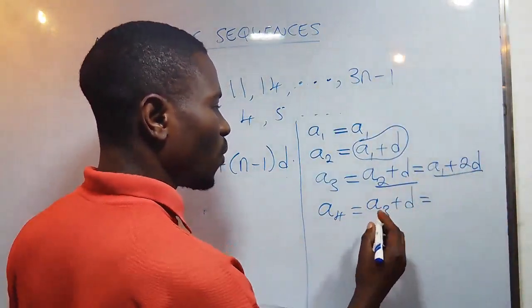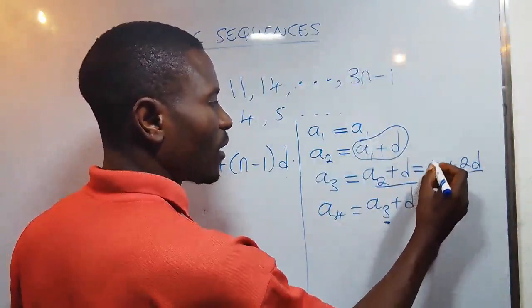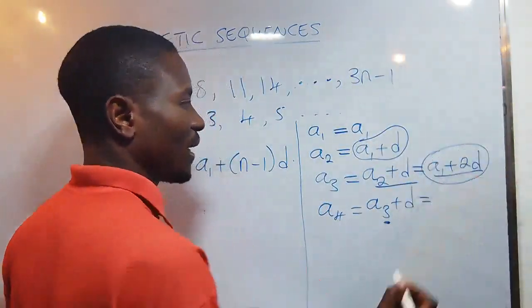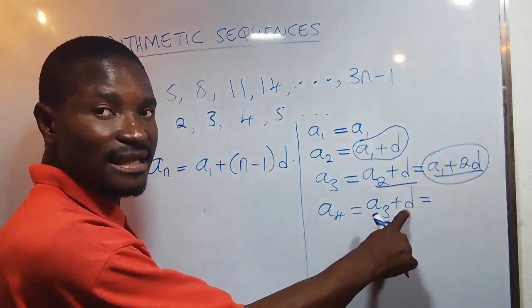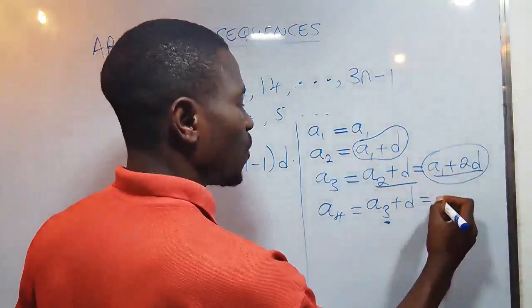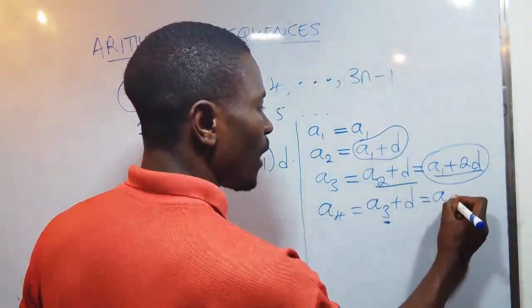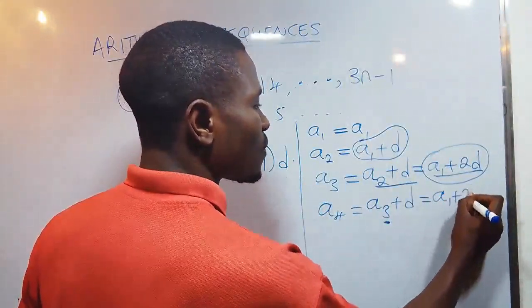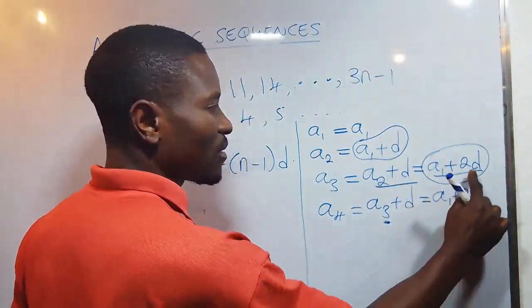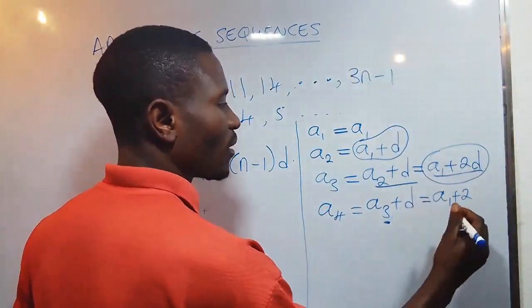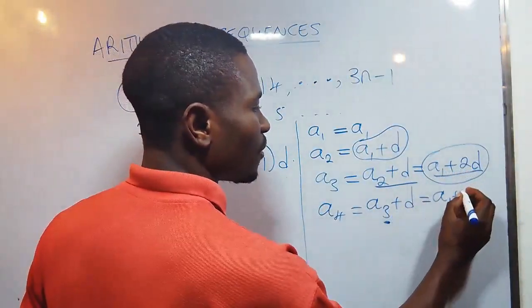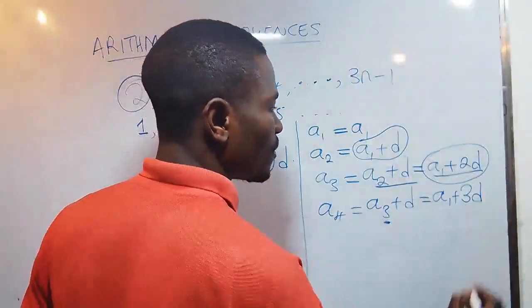So where there is A3, I'm going to actually put this one, okay? And then remember there is a D there, okay? So this is going to actually be A1 plus 2D plus this one. This is actually going to be 3D.